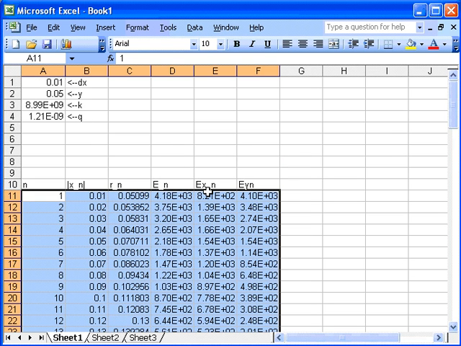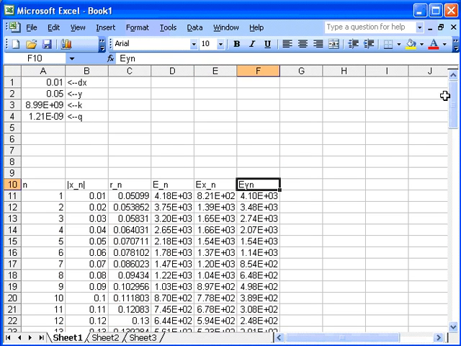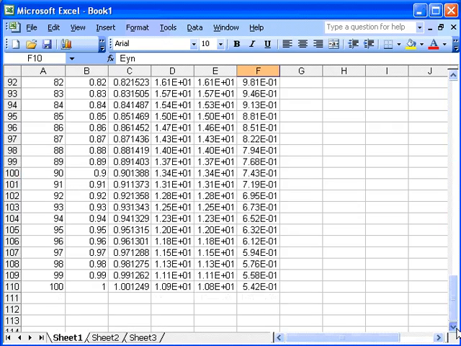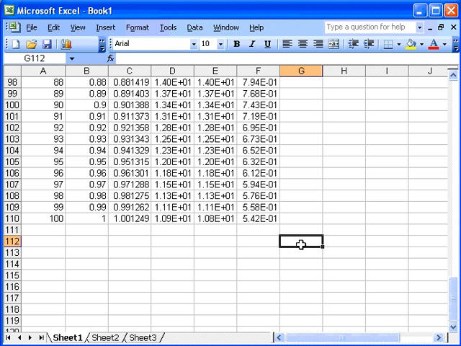Okay. Now what we're supposed to do is add these all up. So, put total. And this is equal to sum, this column, E, it went from 11 to 110.